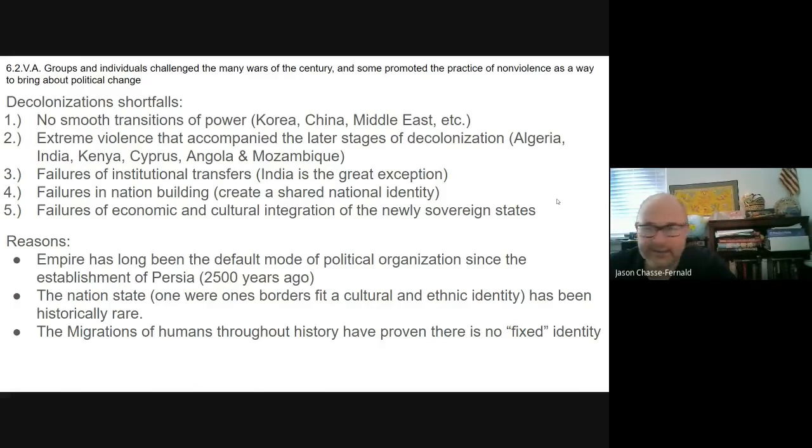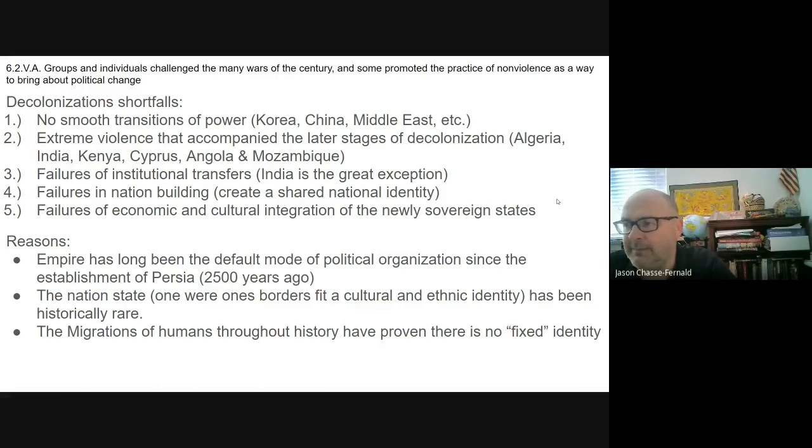India, right? So India, we're going to see a lot of extreme violence right at the very end. You could make an argument that the Bengal famine in 1943, which results in 3 million people dead, is an example of mass violence by the British on the Raj. But more specifically, this is referring to what happens just before independence, right? So we see one of the greatest humanitarian crises ever in world history in 1947 in South Asia.